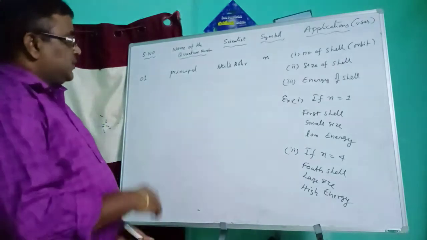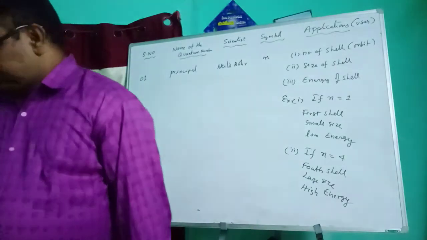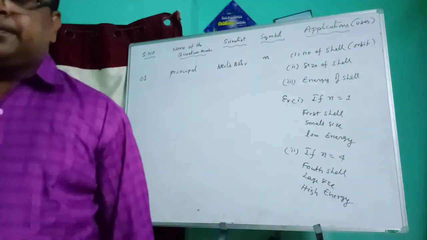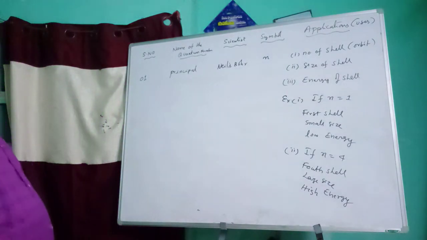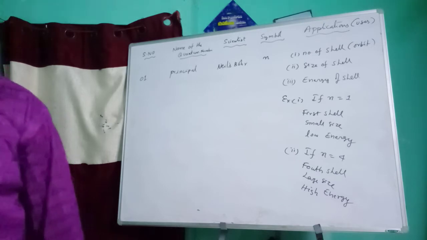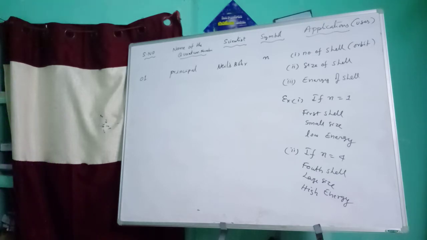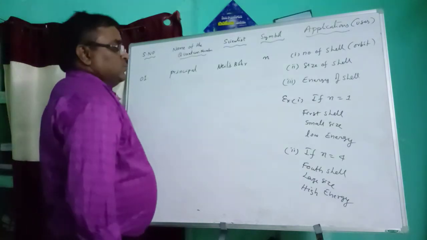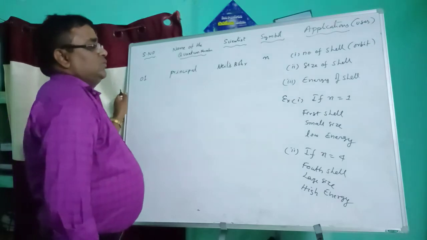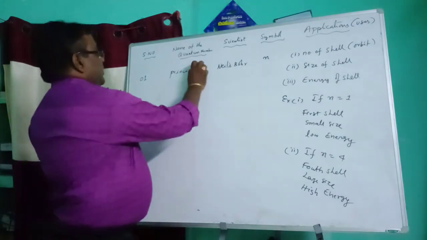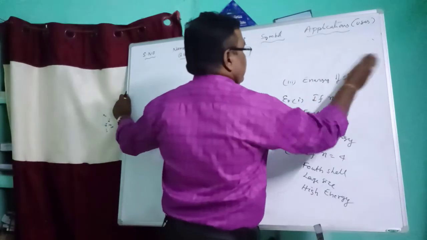So first you write it. Next we go to azimuthal quantum number.